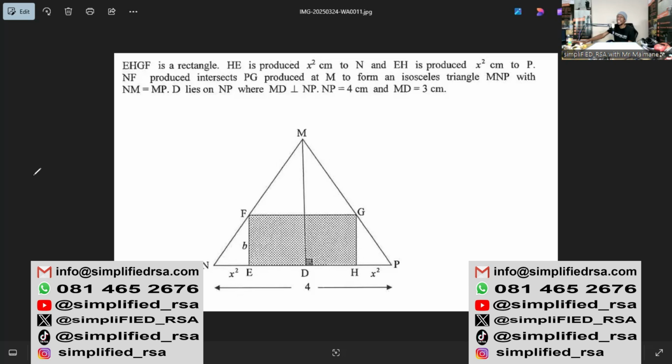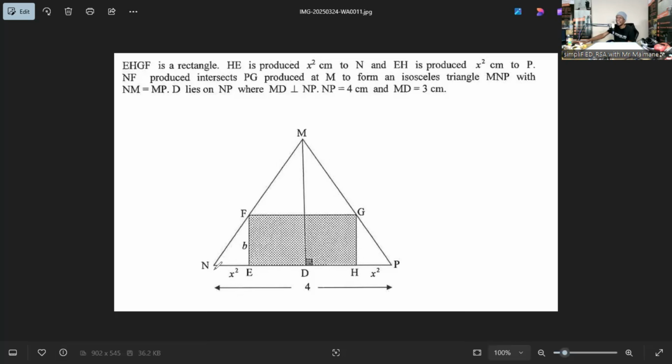Somehow we can tell that triangle NEF is very much similar to triangle NDM.